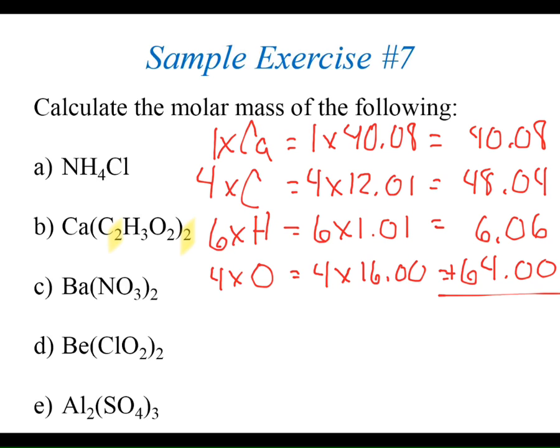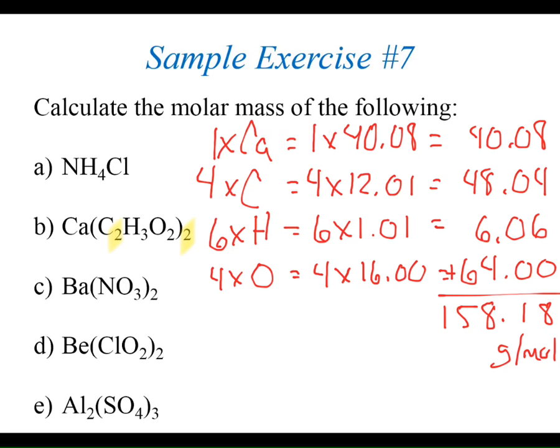Just add it all up here. 158.18. So what you got? Okay, ask me questions. Everybody sees where those numbers come from, right?